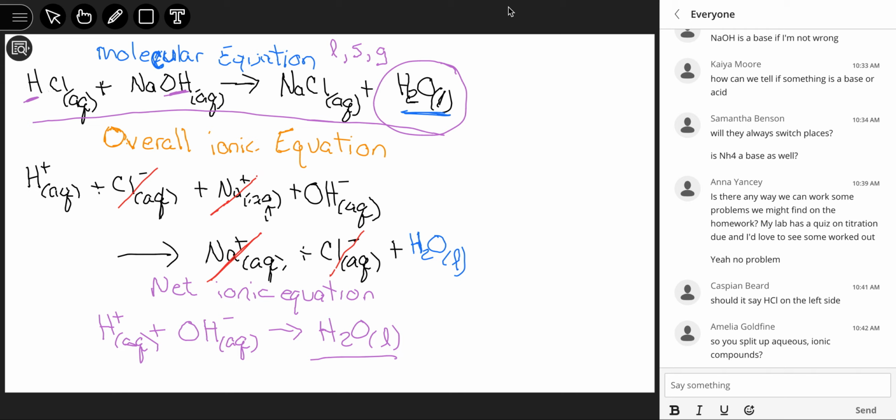The reason is because a lot of times it'll ask you what your spectator ions are, or it might ask you what is the overall ionic equation. Now, even if we did it the shortcut way, where I say, okay, this is my product, and this and this is where the product comes from, then everything that wasn't where the product came from would have to be a spectator ion.